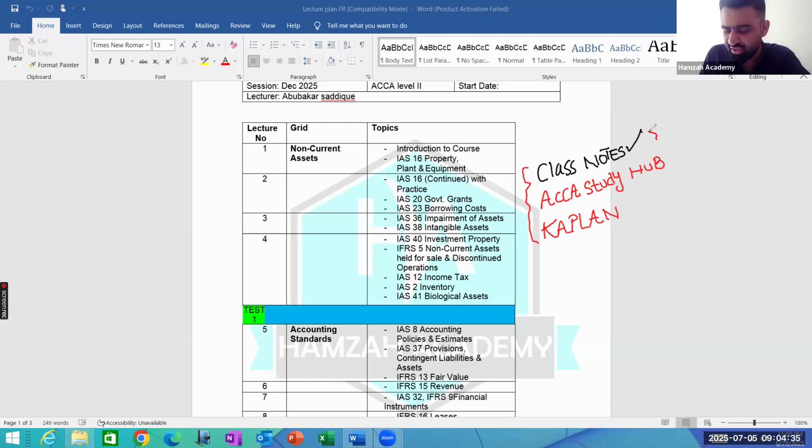And obviously, exam practice will also be done in questions of section A and section B. For that purpose, I will be using the Kaplan exam kit. I will be using the ACCA Study Hub for the practice question purposes. So there will be a lot of practice available on the topics which we will be covering.